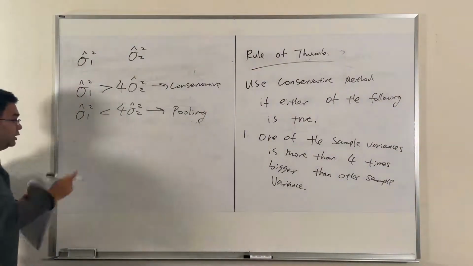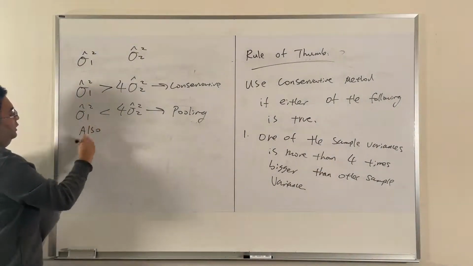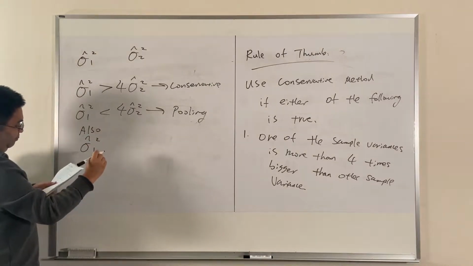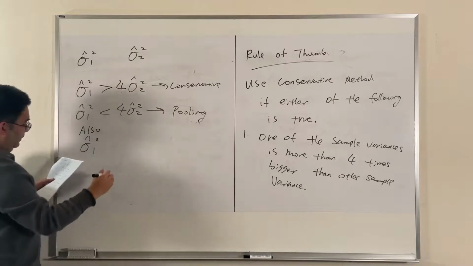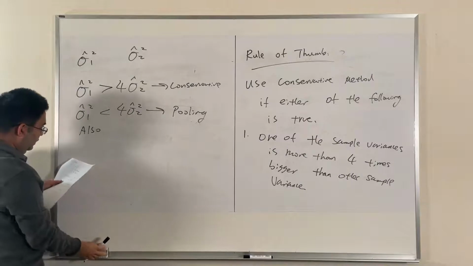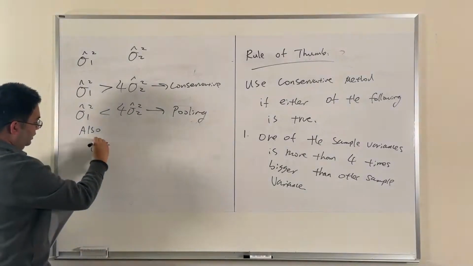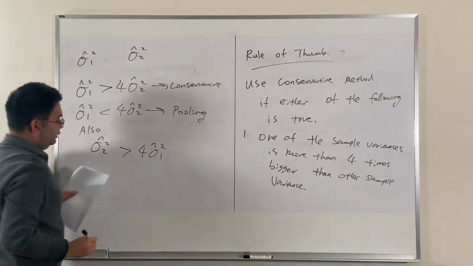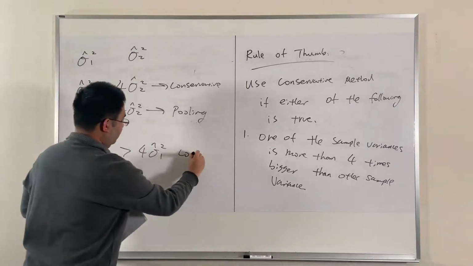So you also need to check sigma 1 squared... let me switch them. If sigma 2 hat squared is bigger than 4 times sigma 1 hat squared, then we use conservative.